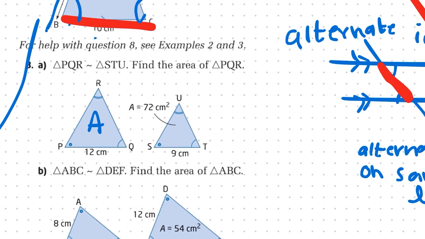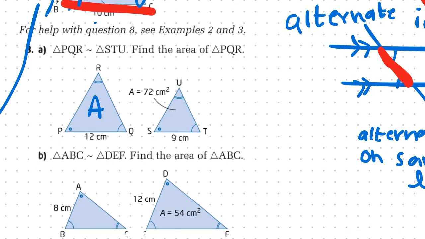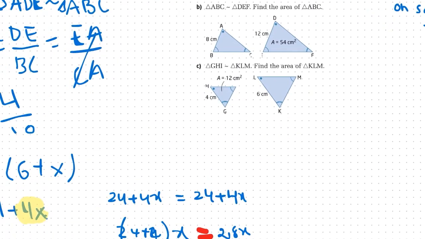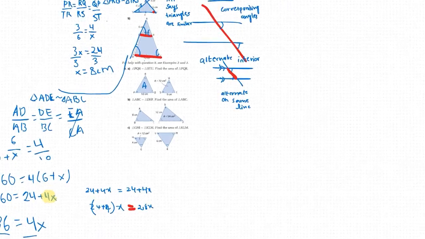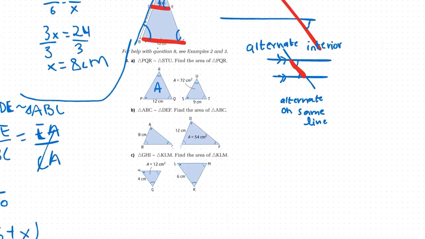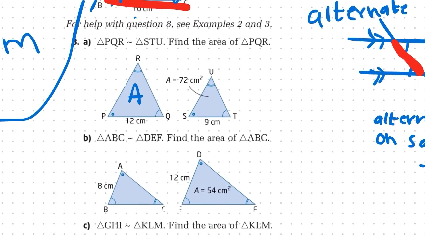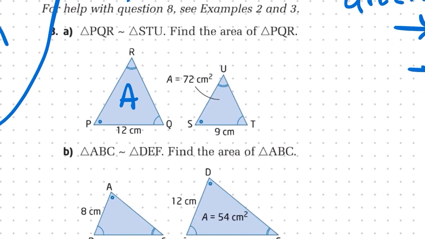Do we have the sides? Yeah, we have 2 of the sides. How much will be the k value? Ratio, right? So directly write 12 by 9 or 9 by 12. 12 divided by 9.